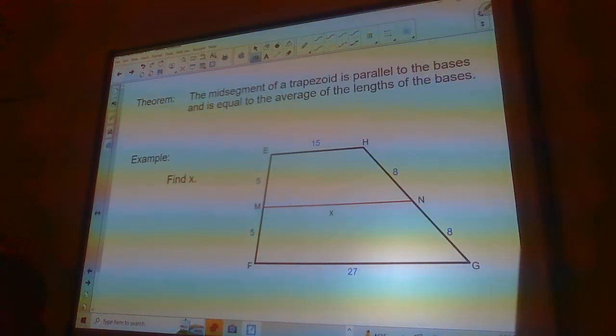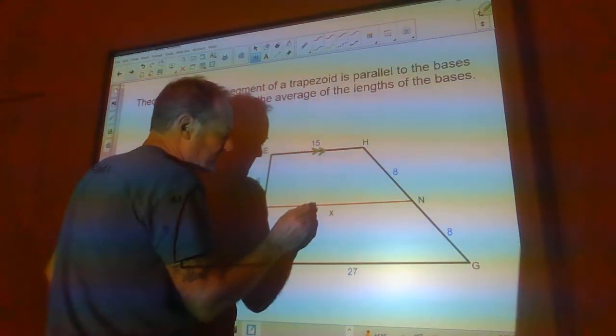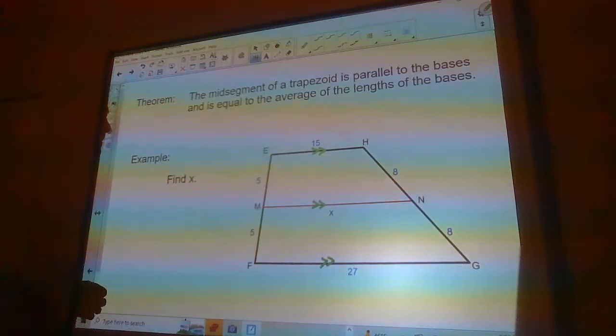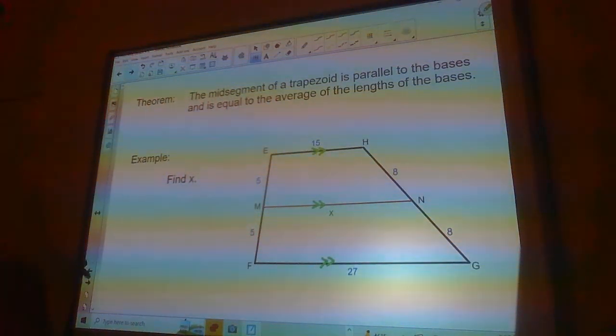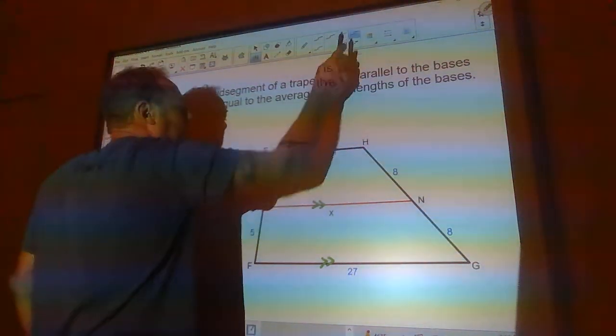The midsegment of a trapezoid is parallel to its bases. So we know that this and this and this are all parallel. We also know that the midsegment is equal to the average of the lengths of the bases. So what does that mean?